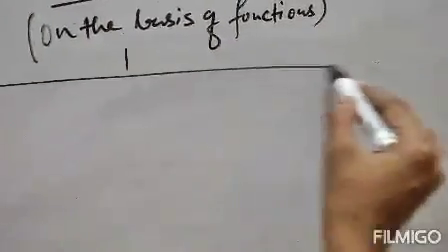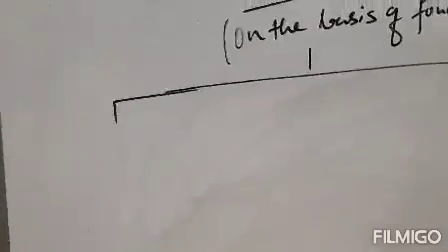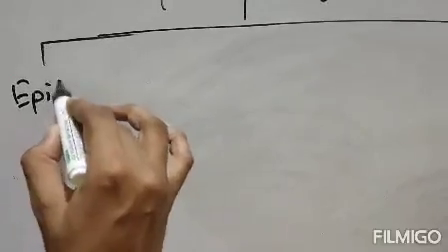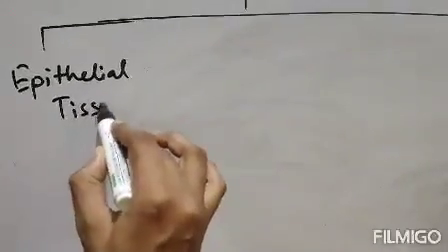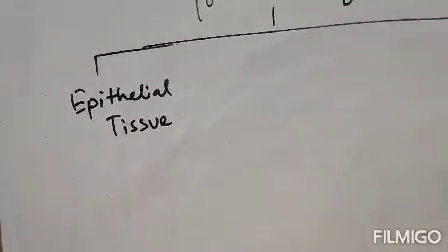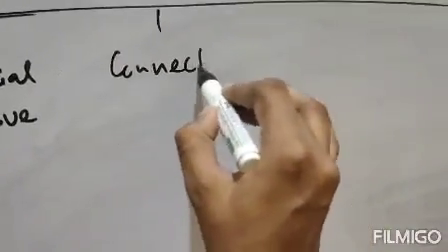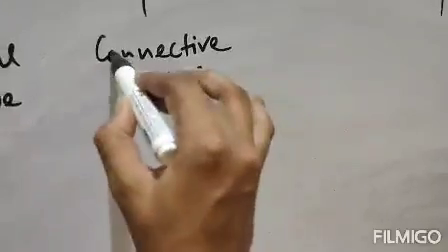Number one animal tissue is epithelial tissue. Second is connective tissue.